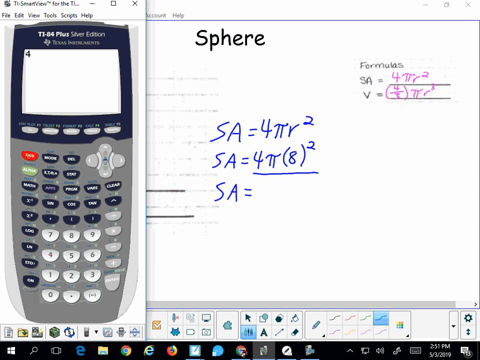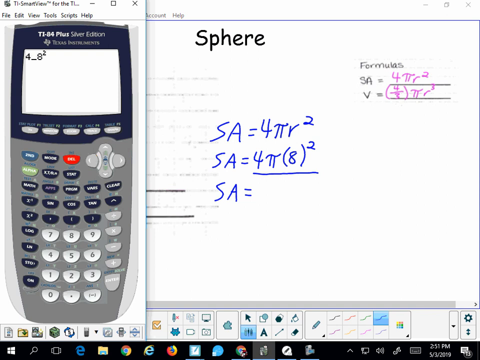I'm just going to do 4, then second and this caret button to get my pi symbol, and then 8 and the squared button. You don't have to hit the multiplication key. You can put multiplication between each part of it, you don't have to on this one, but sometimes it may just be a good habit to do that.